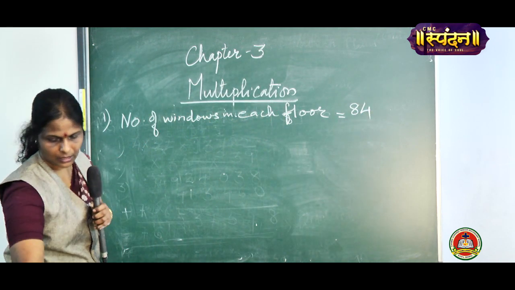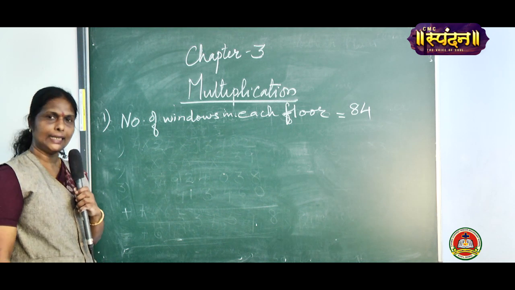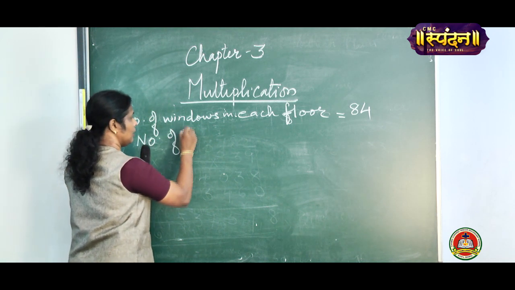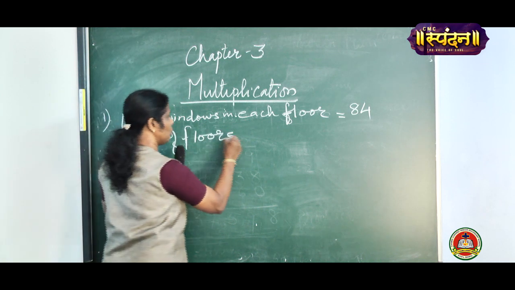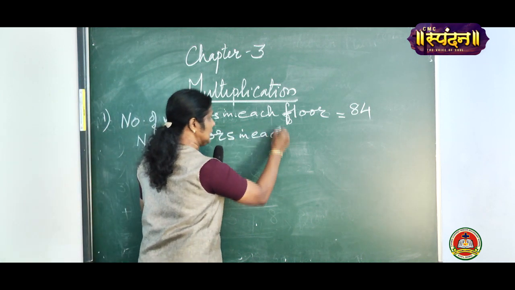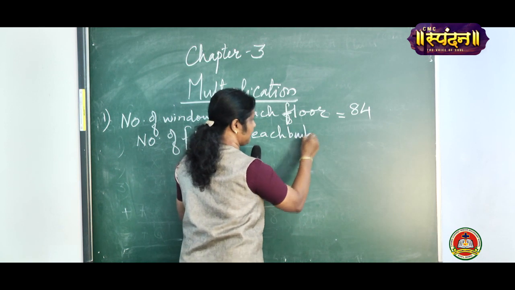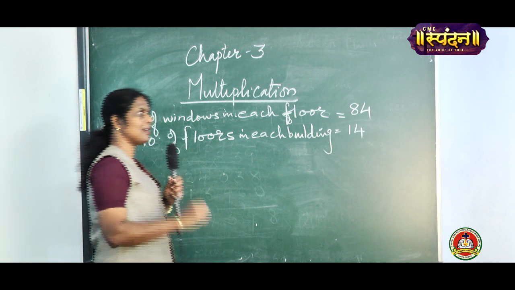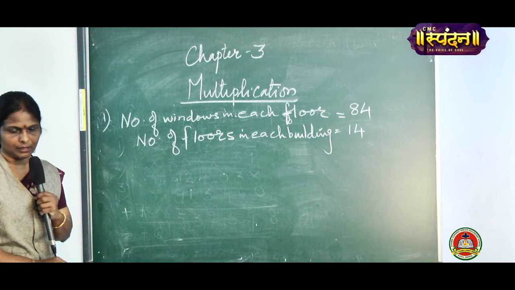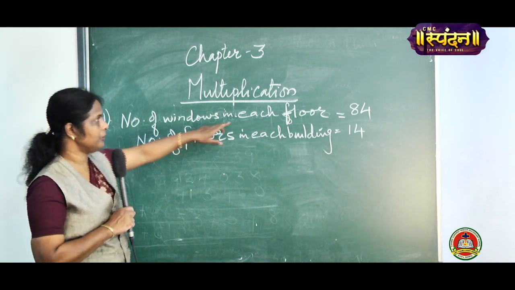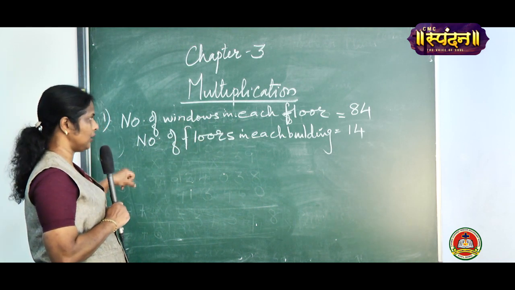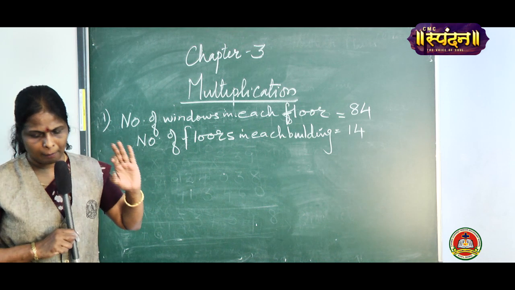After that, how many floors are there in each building? Number of floors in each building is equal to 14. That means there are 14 floors in each building, and in one floor there are 84 windows.